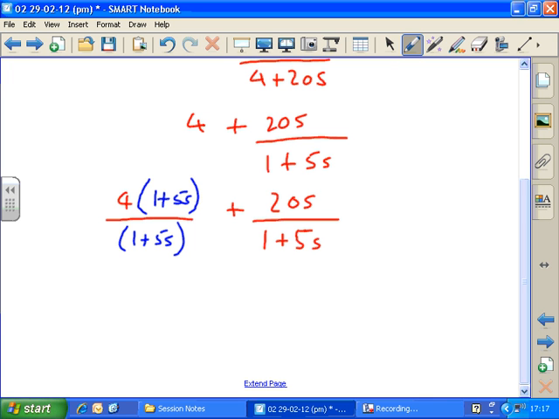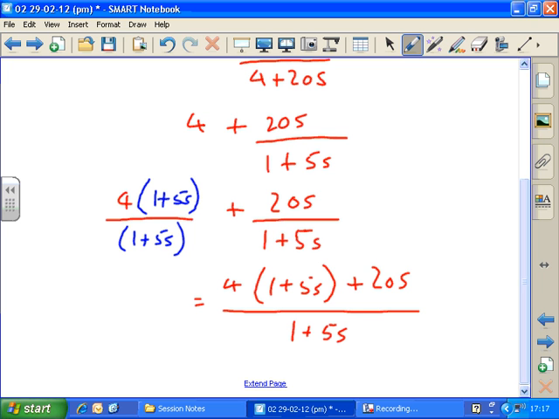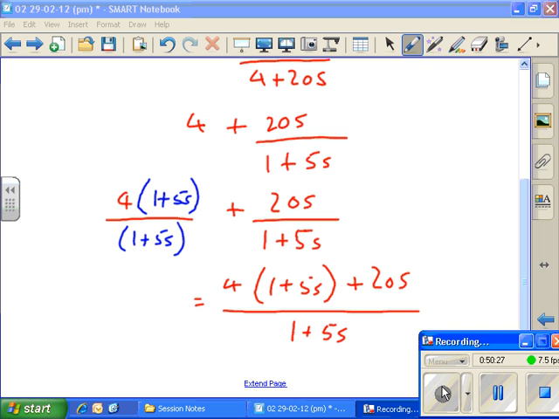Now, because the denominator is the same, I can write it as 4 times 1 plus 5s plus 20s, which is what you wanted to do, Ashley, all over 1 plus 5s. And I'll pause it there.